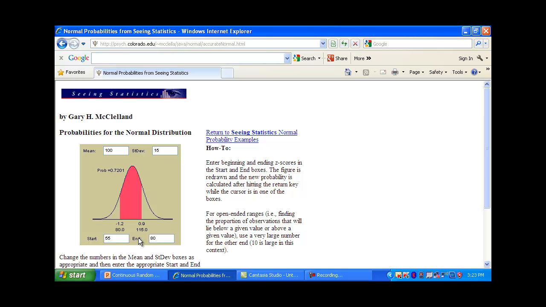Now if we press enter, this website provides, for a normal distribution with a mean of 100 and a standard deviation of 15, the probability that x will fall between 55 and 80. Here, the site tells us that this probability is 0.0899.